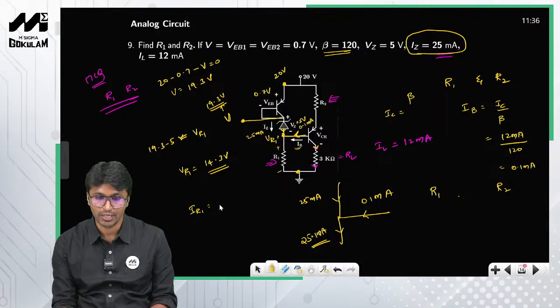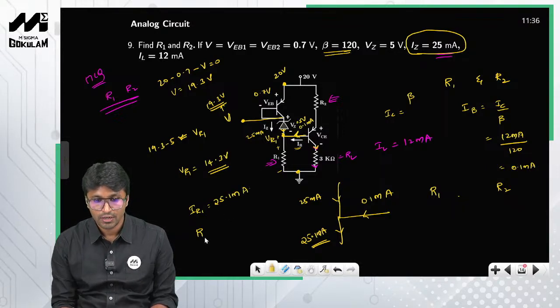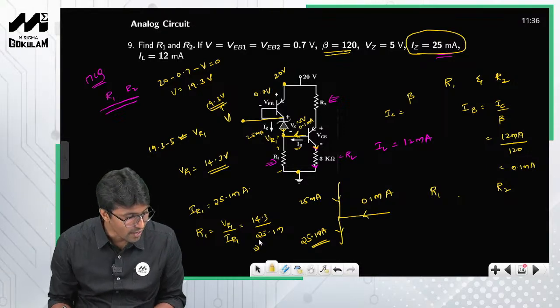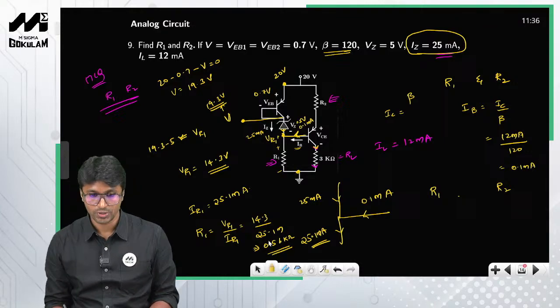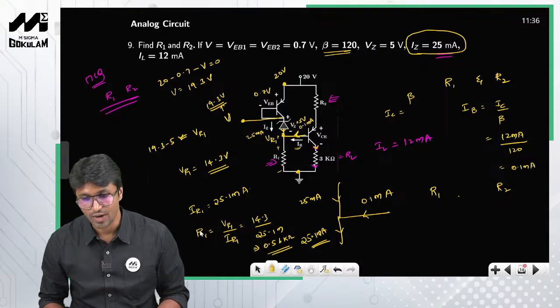IR1 is 25.1 milliamperes. All you need to do to find R1 is get the ratio of V by I. So VR1 by IR1 is 14.3 by 25.1 milliamperes. When you solve that, the value of R1 comes out as 0.56 kilo ohms. So this is how you calculate the value of R1.